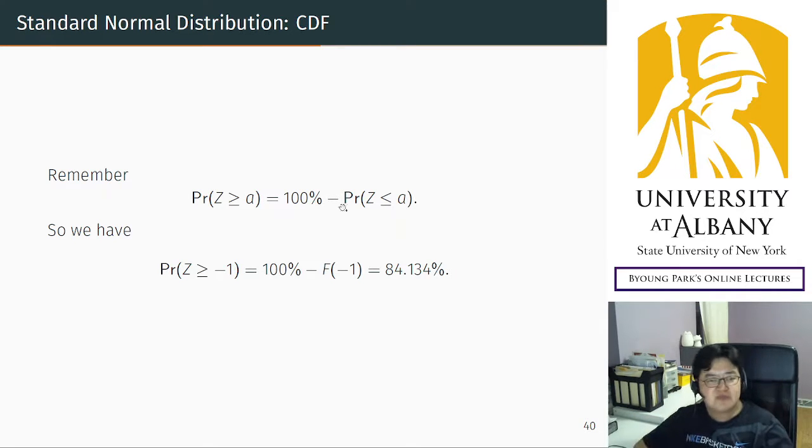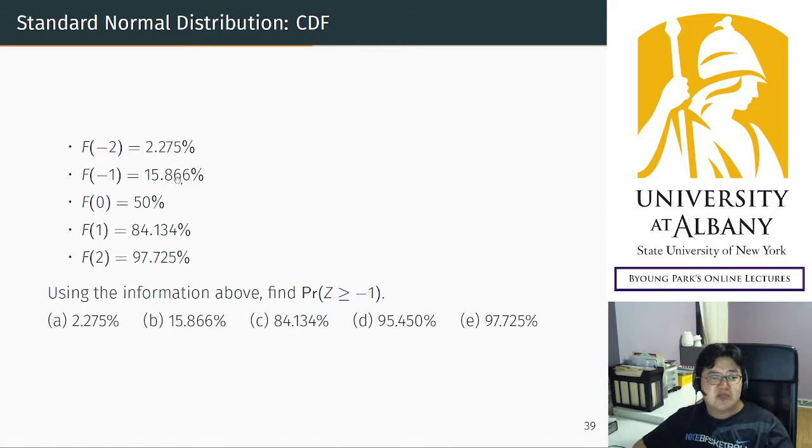The probability smaller than something is the cumulative probability, which you can calculate from Excel, and then the probability greater than something is calculated this way. In our example, the probability greater than minus 1 is 100% minus the probability smaller than minus 1, which is given here.